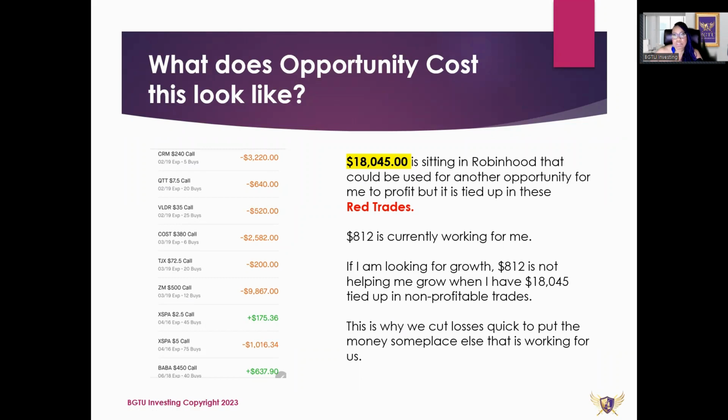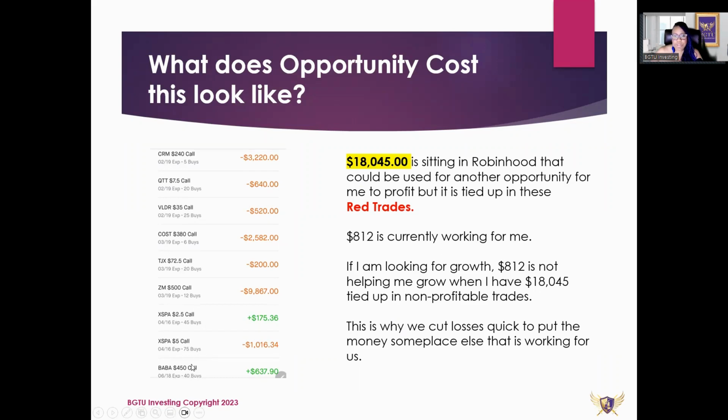So like I said, this is what it looks like. I'm down almost 18K, and I've got to make some decisions on some of these trades. These are 2021 expiration dates: February 19th, this is March, I've got some Aprils, Baba down here in June.